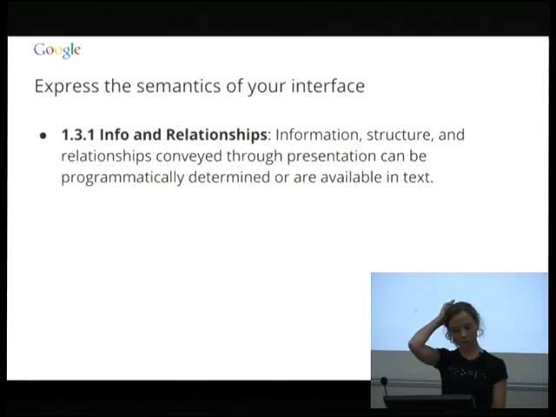Okay, so the next thing that you need to do is express the semantics of your interface. So the relevant recommendation here is information, structure, and relationships being conveyed through presentation can be programmatically determined or available in text. So when you're using assistive technology, it needs to be able to determine the structure of the page, so it can say this is a button, or this menu button controls this particular menu, things like that.